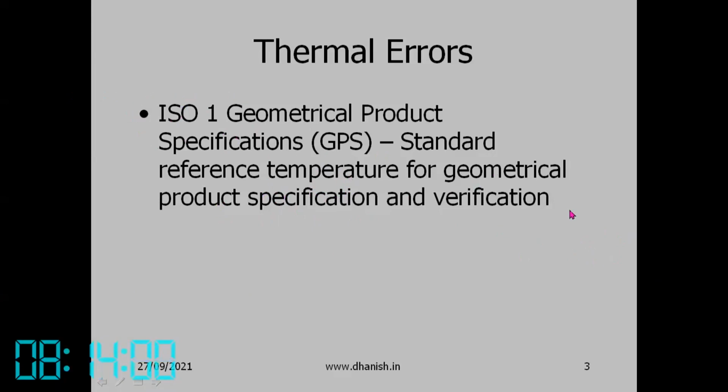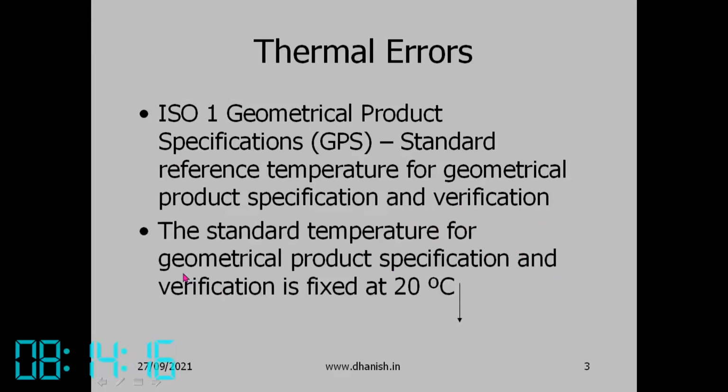So that was the first standard published by ISO. Now, because you have heard of ISO 9000, ISO 14000 for environment management systems, etc. So according to this standard, the standard temperature for geometrical product specification and verification is fixed at 20 degrees Celsius.